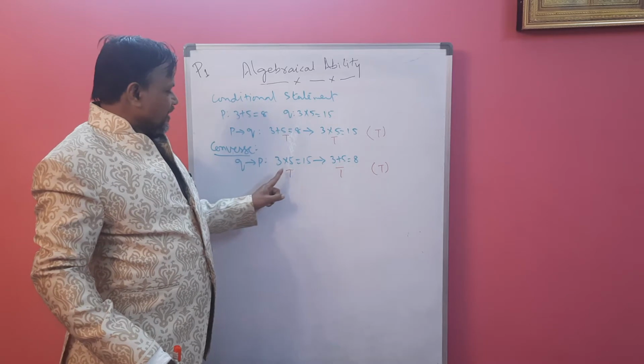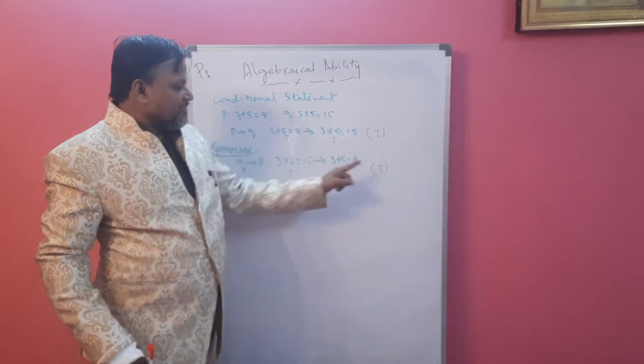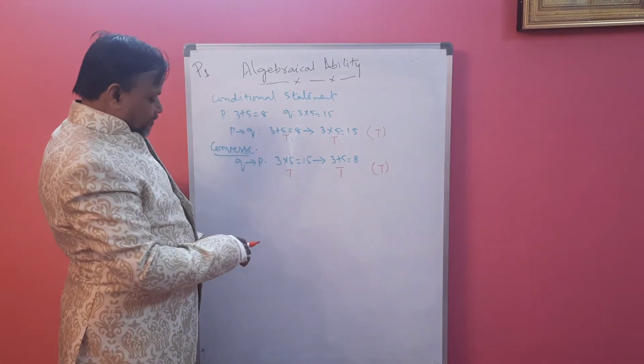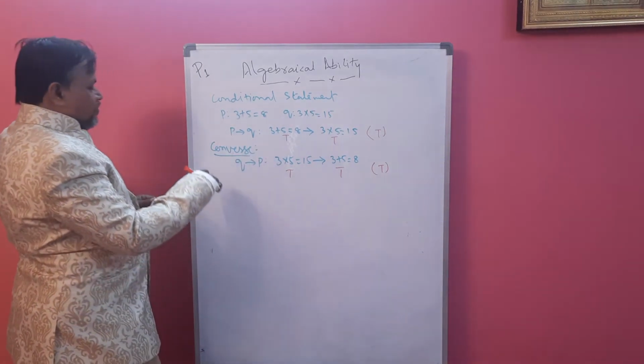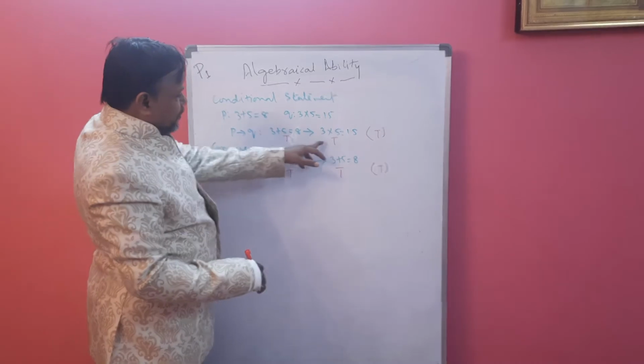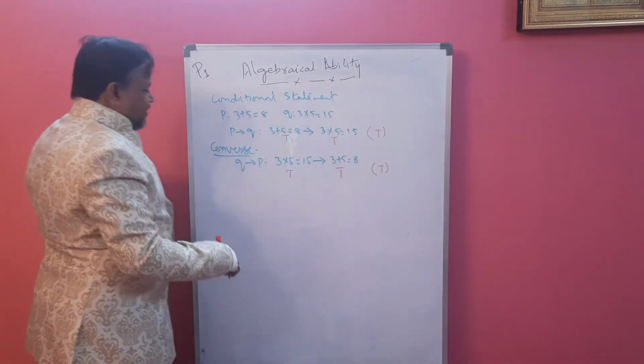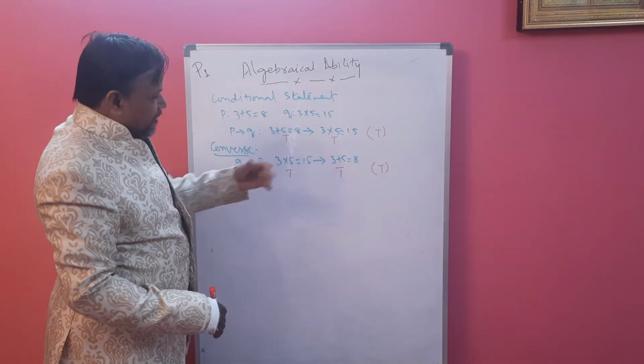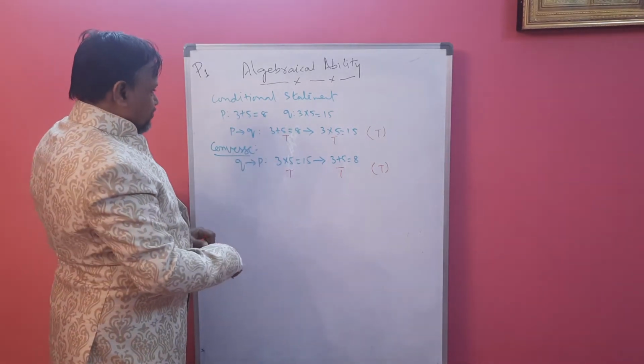This is also true. True implies true, always true. So the results are the same here. Somewhere we'll get different results also, but here, for both true values, we are getting the same. If any one of these is wrong, we will get different values also.